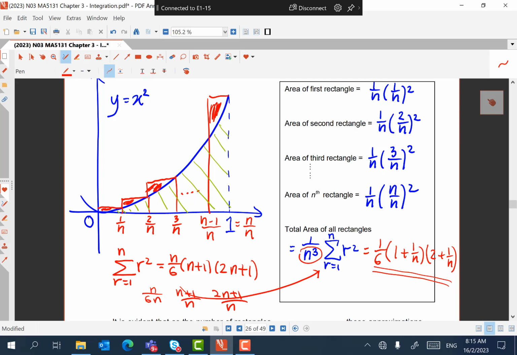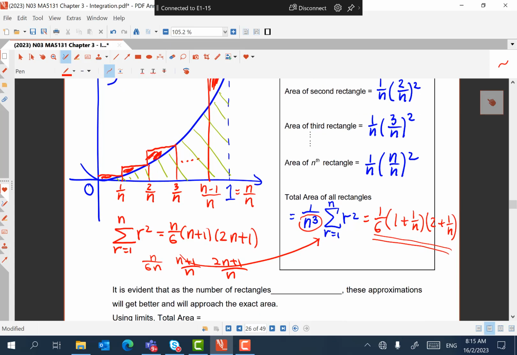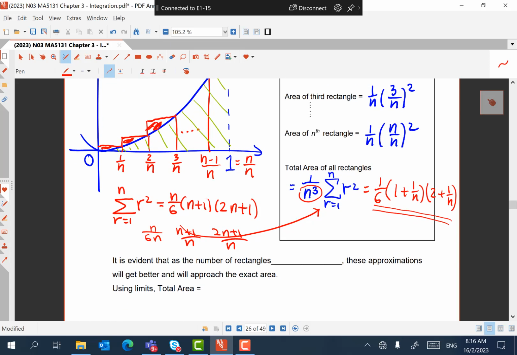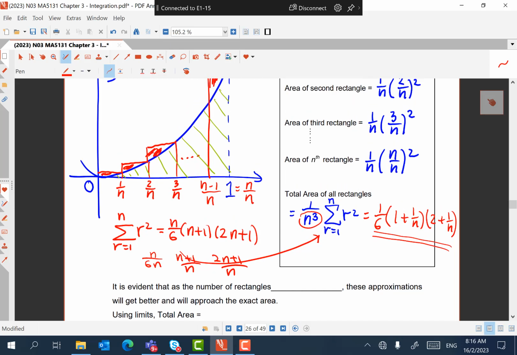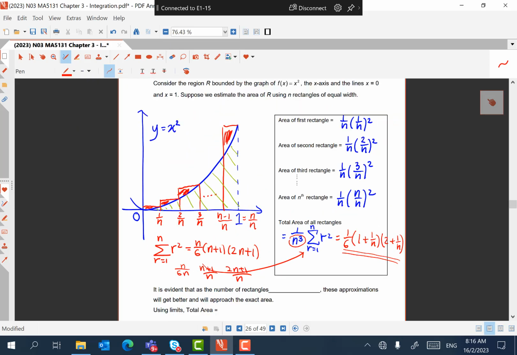And Hawan is going to tell the class how he will perform a magic to make them the same. Hawan, please. How do you make the area of the rectangles equal to the intended area? You're saying something, Hawan? Very good. So Hawan says, let n go to infinity. Hawan says when n goes to infinity, meaning what?